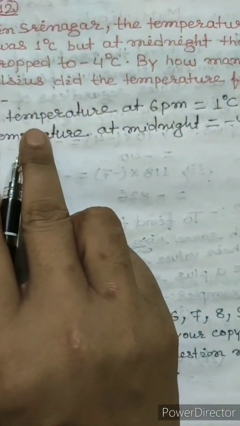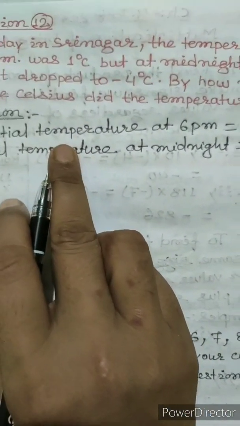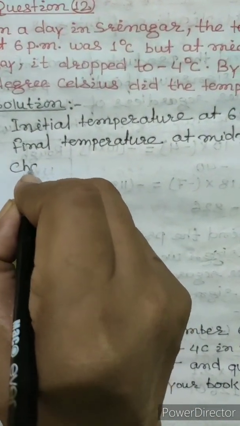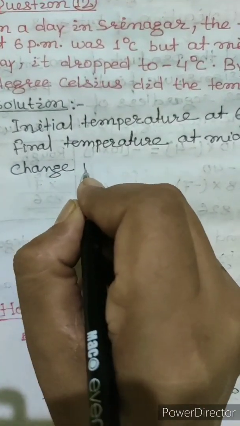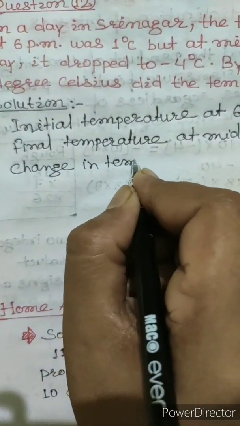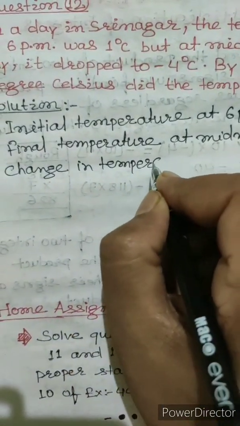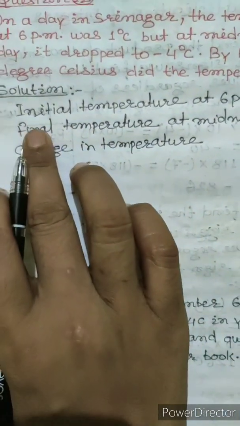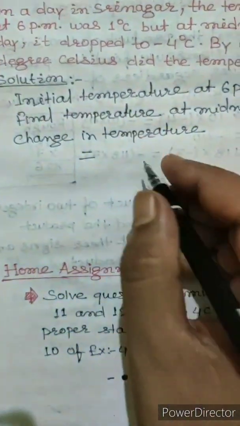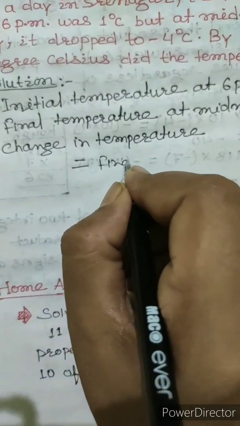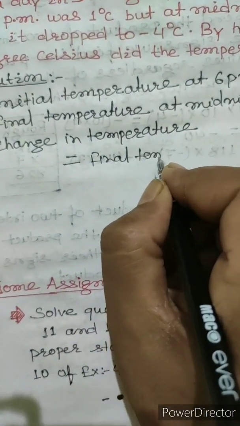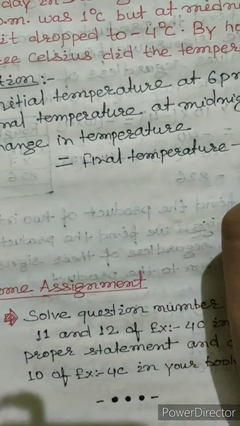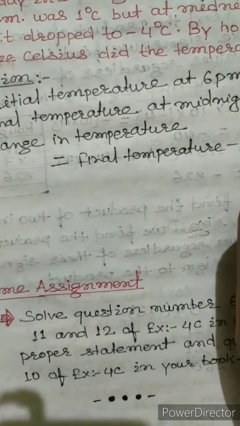Now what you need to find is the change in temperature. Change in temperature equals final temperature minus initial temperature.